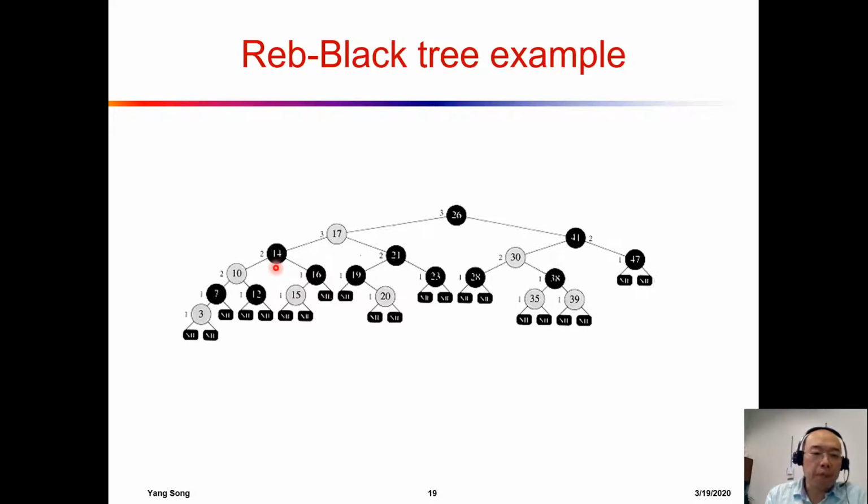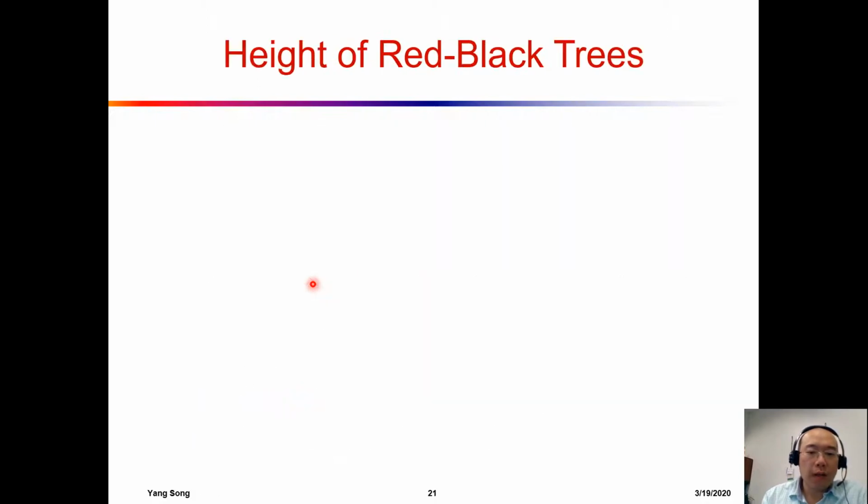And then, how about the black height of the 2 children? The black height of the left child, the 10, is 2. However, if we see the 16, the black height of the 16 is 1. So let's come back to this argument.